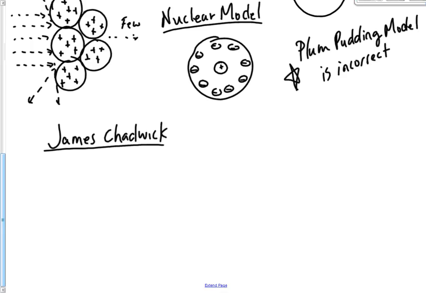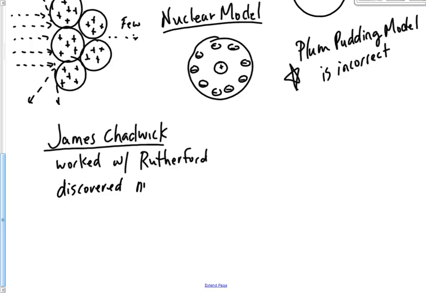Okay, James Chadwick, he worked with Rutherford, so he was familiar with his work. All right, and Chadwick discovered nuclear fission. He discovered nuclear fission, and he also discovered the neutron.